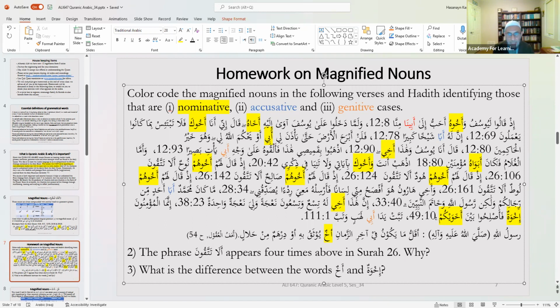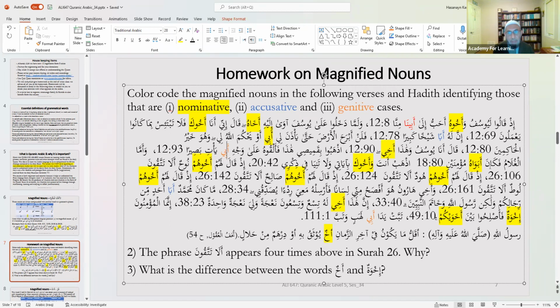So for Kana, as we already did, the subject of Kana is nominative, and the khabar is accusative. We have done already that the khabar of Kana is accusative, and the subject of Kana is nominative.